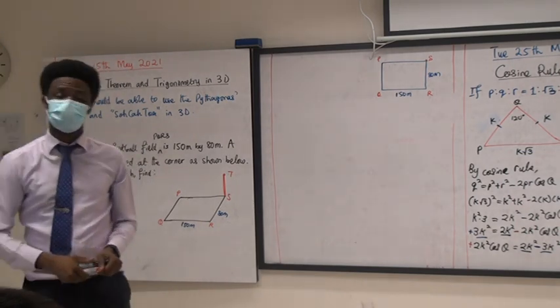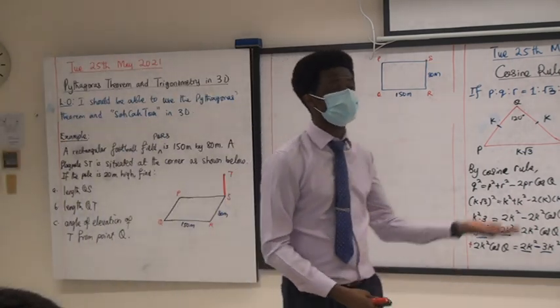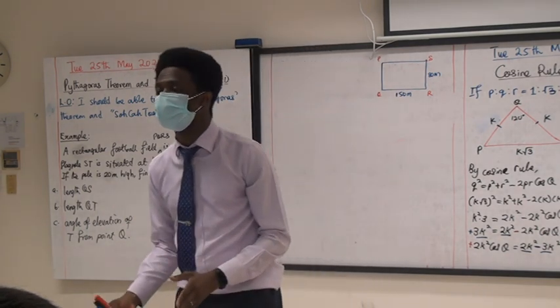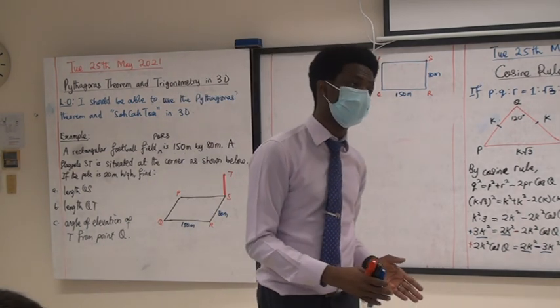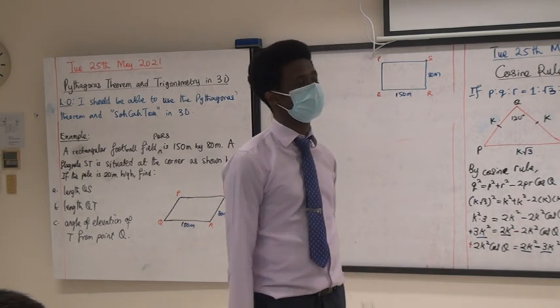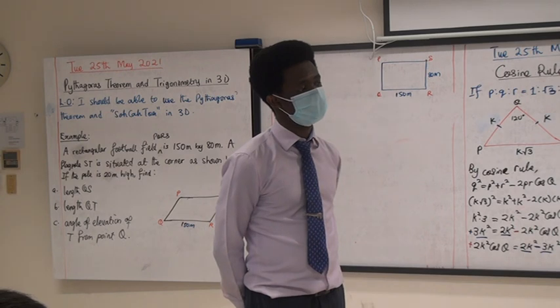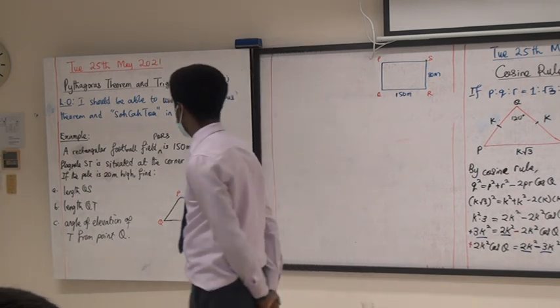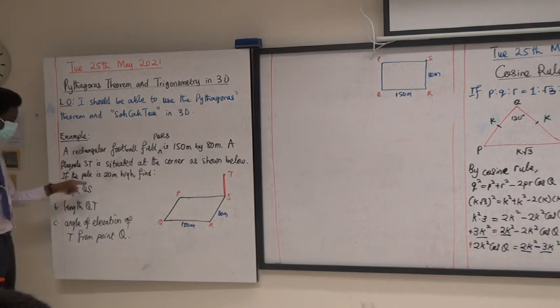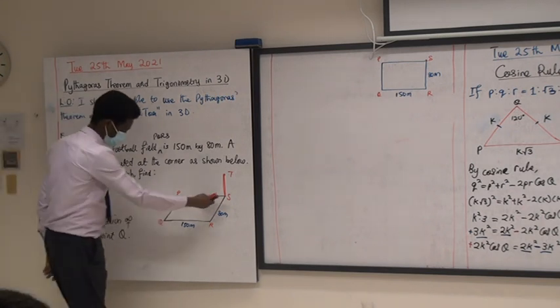When you have a 3D problem, your goal is to transform it into 2D. So you need to know where to look, in which direction to observe, so as to see your two-dimensional rectangle or triangle. Understand? So the first is to look at it from above. Why am I looking at it from above? The first question says find QS.